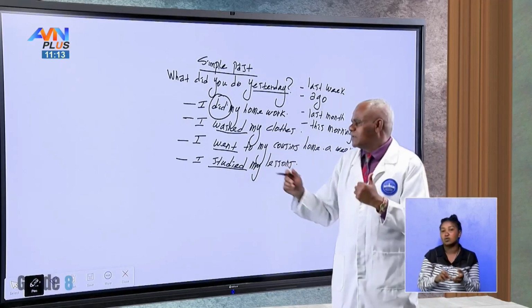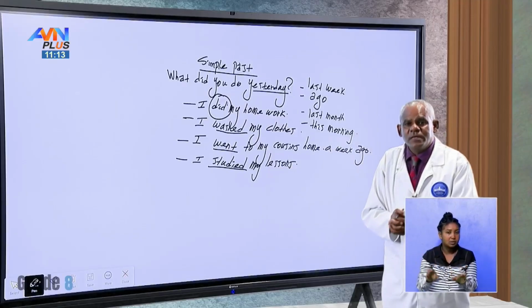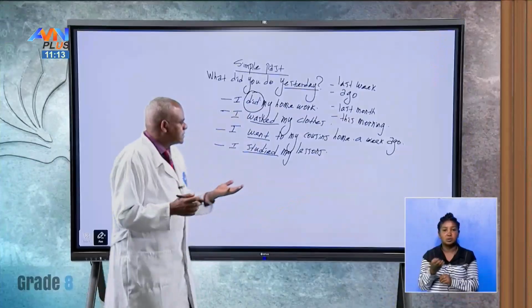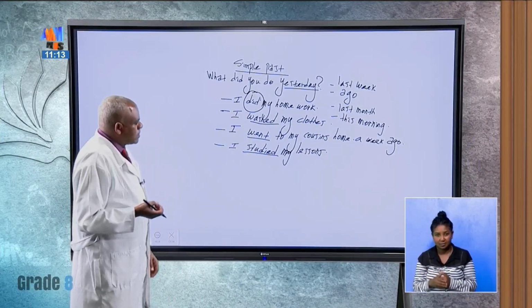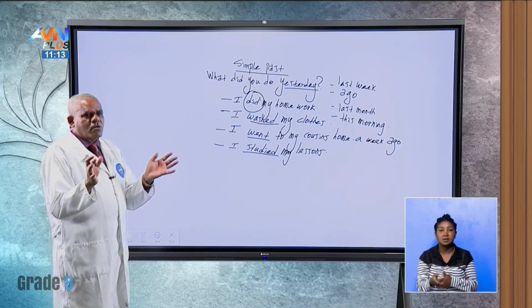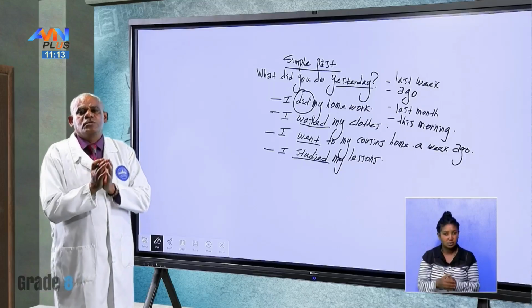Regular verbs are formed by adding ED. For study, Y changes into I, and then we add ED. Whether it is regular or irregular, both are possible in order to use simple past tense.